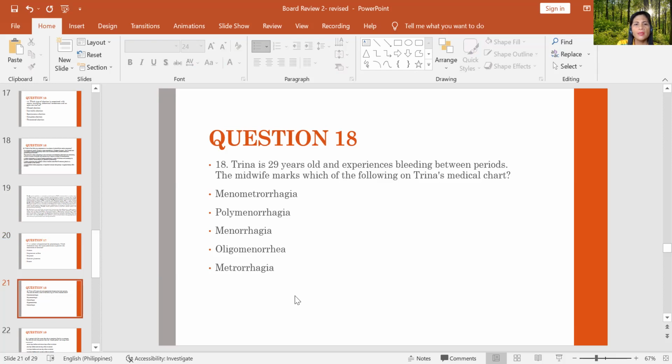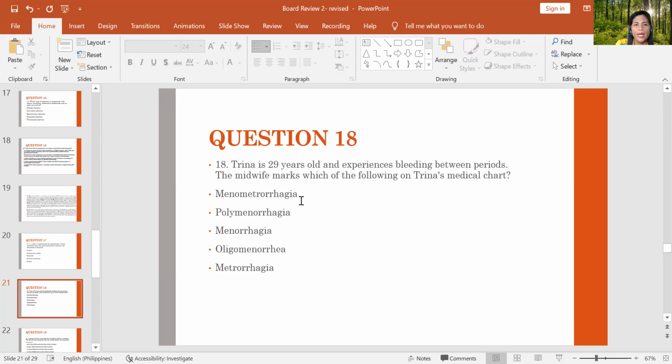So menorrhagia refers to excessively heavy periods. Oligomenorrhea refers to light scattered periods. Just a little, like spotting. Okay? And polymenorrhea is used to describe short cycles equal to or less than 21 days.